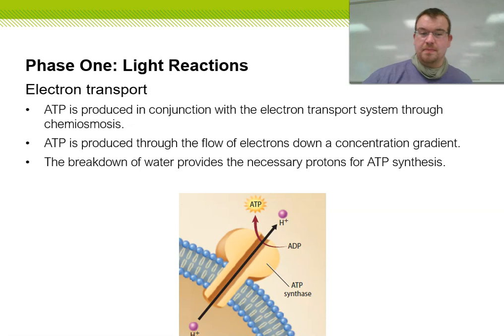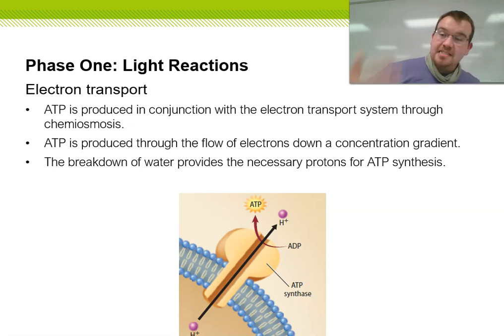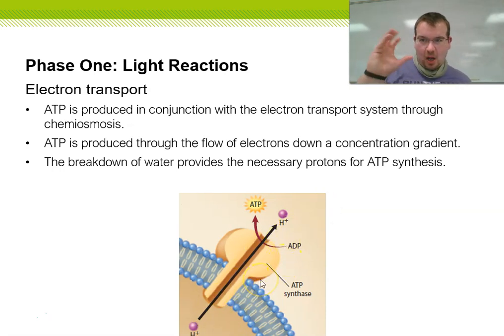Through this process of chemiosmosis, ATP is produced through the flow of ions down a concentration gradient. The breakdown of water molecules provides the necessary protons for the ATP synthesis system to happen. That's what I was talking about with these hydrogen ions getting built up and that concentration gradient building up in there.